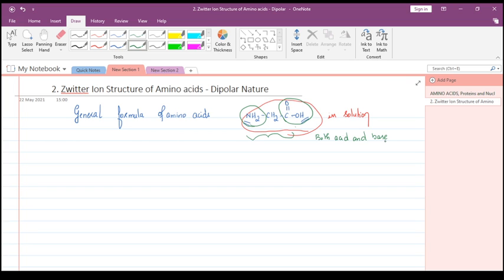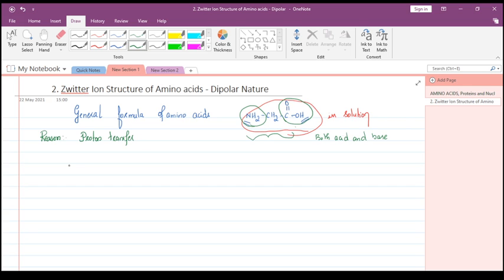The main reason is proton transfer. How this proton transfer takes place, we will see here. The proton transfer takes place as an internal acid-base reaction.